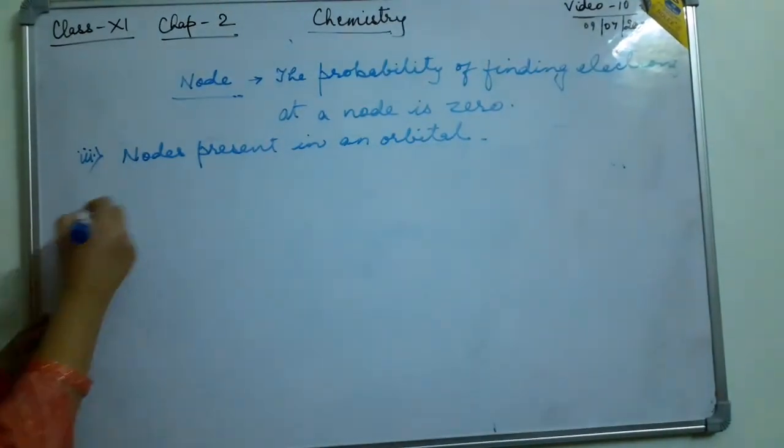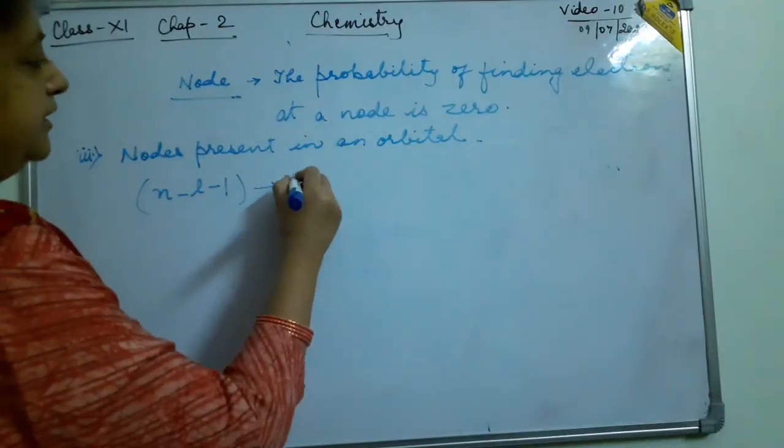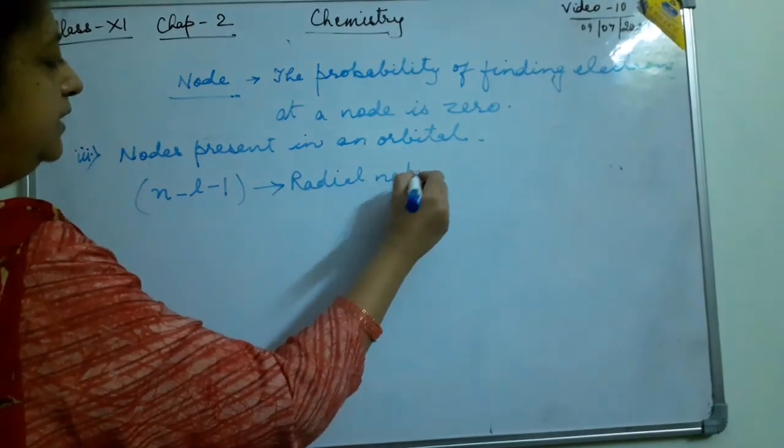We can calculate the radial nodes by n minus L minus 1.